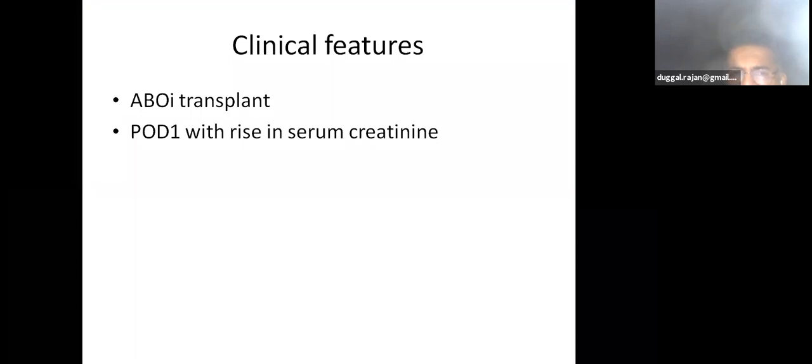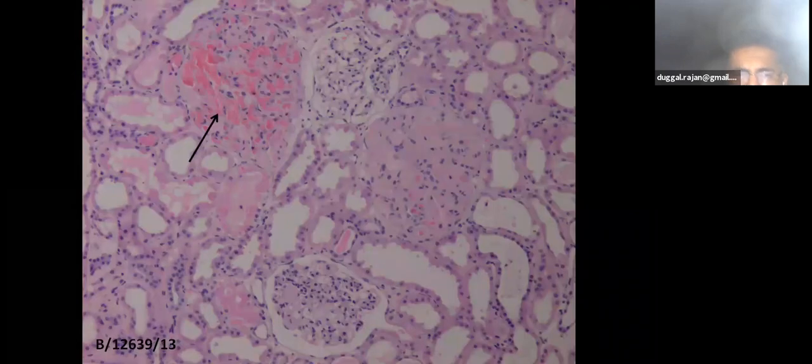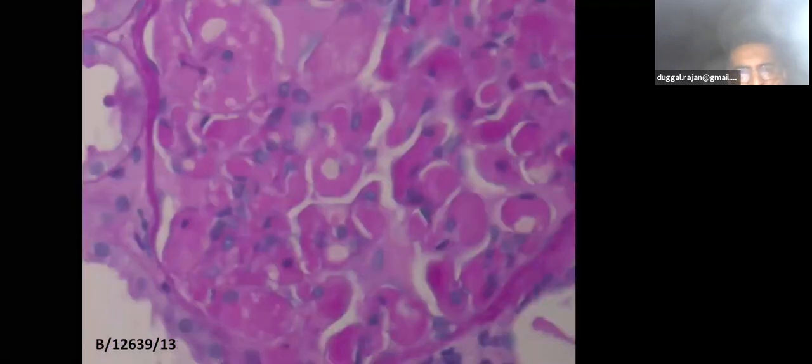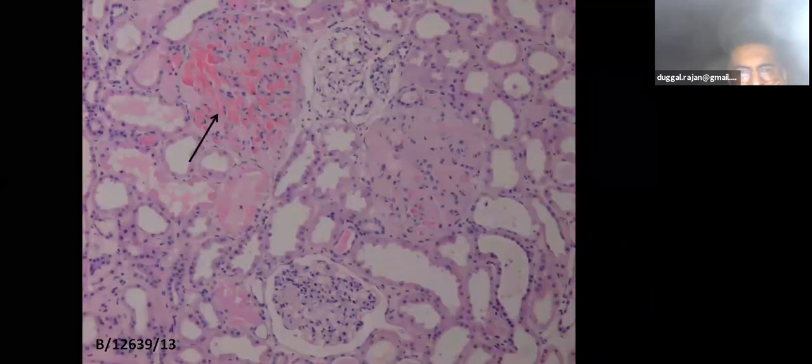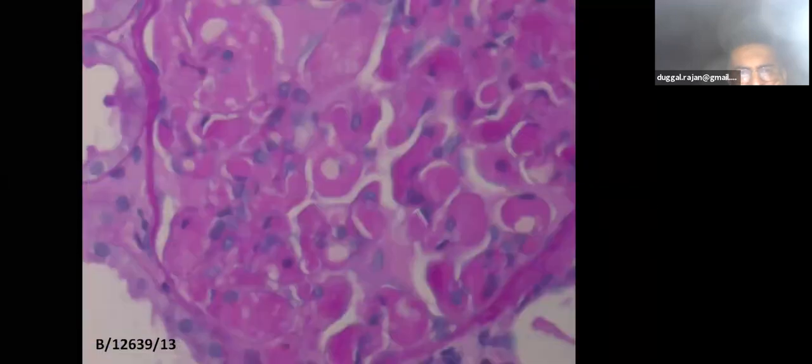So, an ABO compatible transplant. This is the last case, POD 1 with rising serum creatinine. This is a PAS stain. This was an H&E stain. This is a PAS stain.